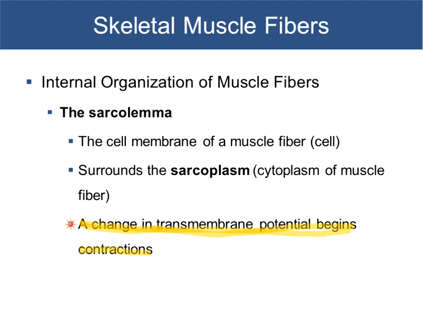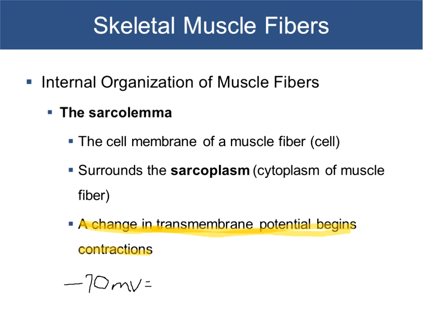Another feature that I wanted you to remember is that any cell that's at rest, if we were to record the charge or the voltage reading on the inside of a resting cell, it would always be at -70 millivolts or somewhere around there. But it's going to be a negative number. So remember, -70 millivolts.